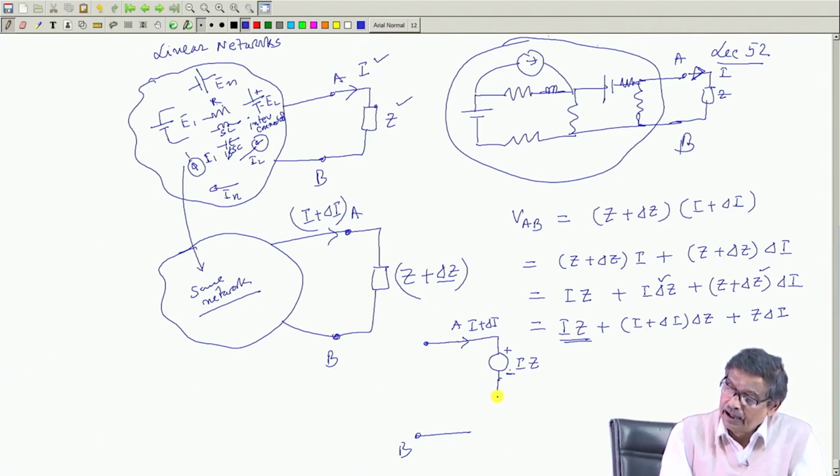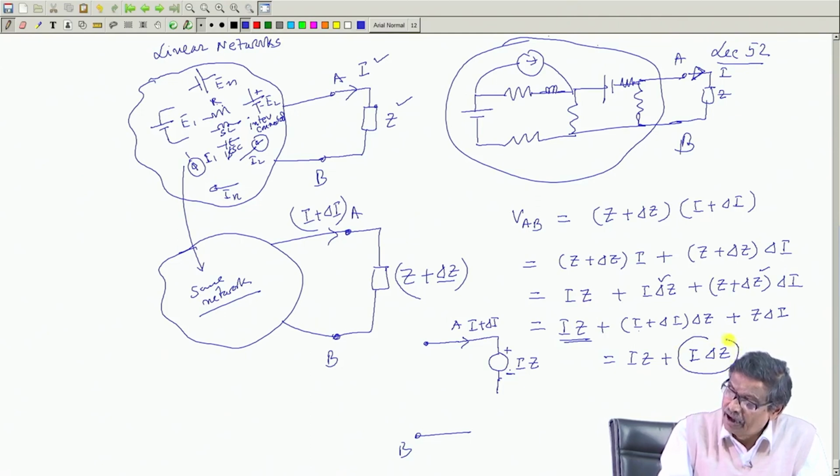Then I will say there is another source, I plus delta I. Here is an impedance I into delta z. This term is I z plus I into delta z.